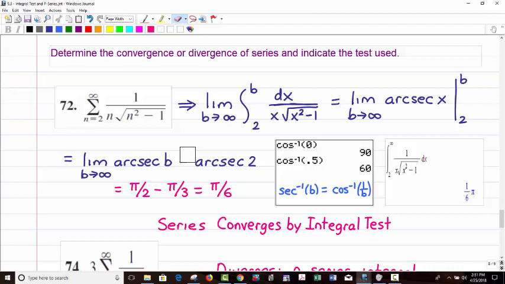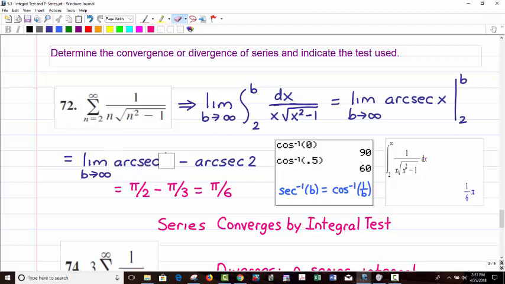Now, at some point calculators may evolve to where they have all 6 of the inverse trig functions in there. At the time of this recording, I think some of the newer ones might be able to do it. But the way to evaluate an inverse trig function like arc secant at this point in time is that it's not 1 over arc cosine.